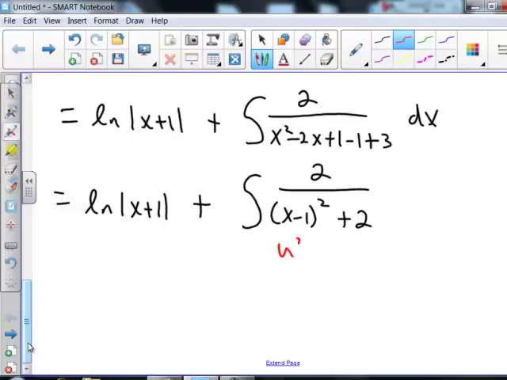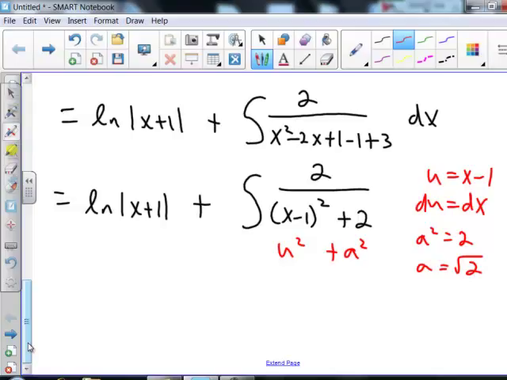This is a u squared plus an a squared, or a squared plus u squared, either way you want to look at it. So that fits exactly like I want. So my u is x minus 1, which tells me that du is dx, so I'm good with that. I don't have to do any kind of substitution there because du is dx. And that tells me a squared is 2, so that tells me that a is the square root of 2.